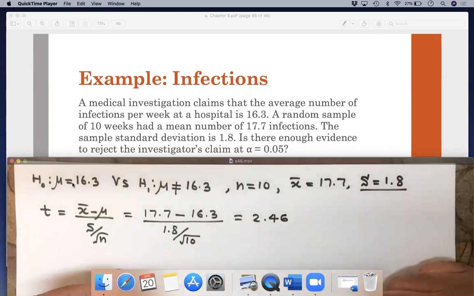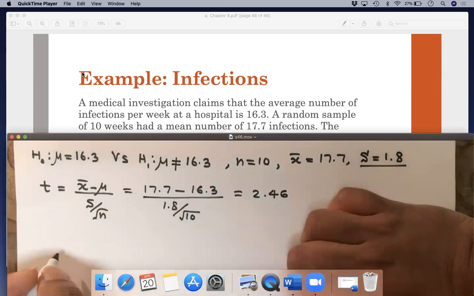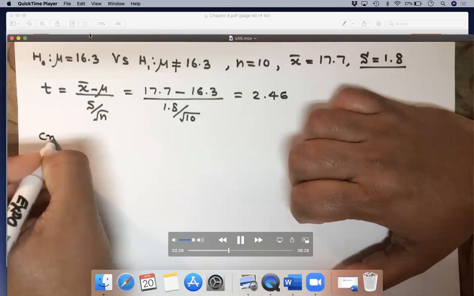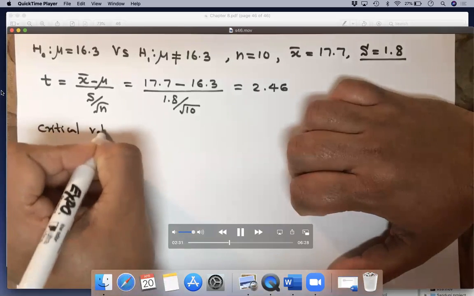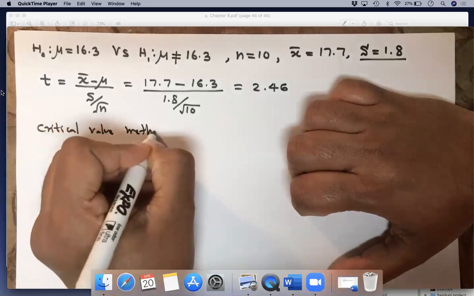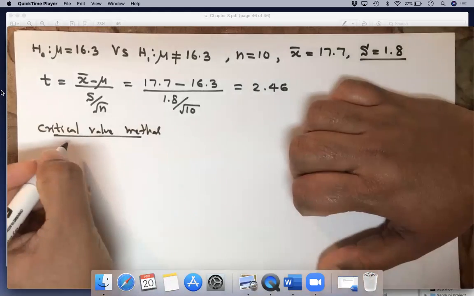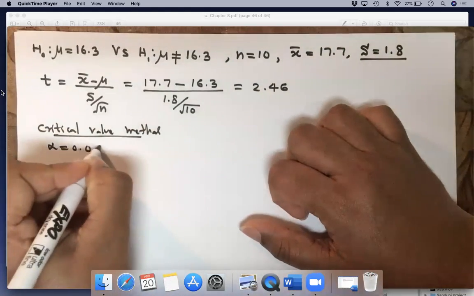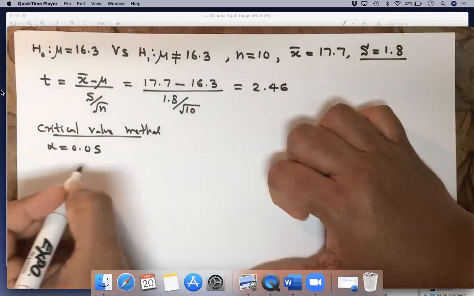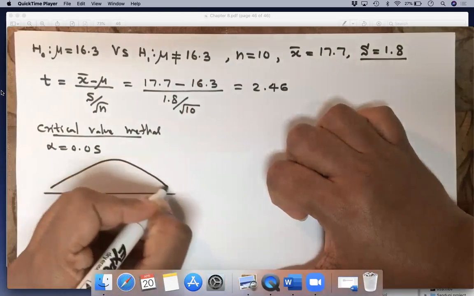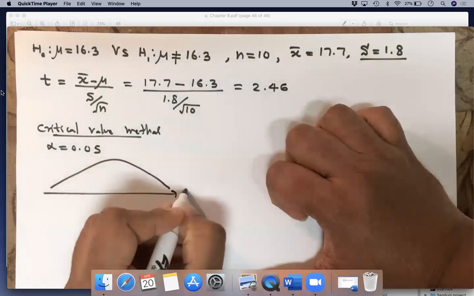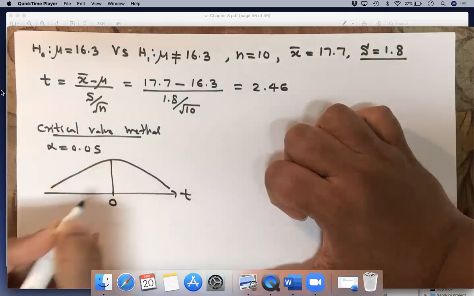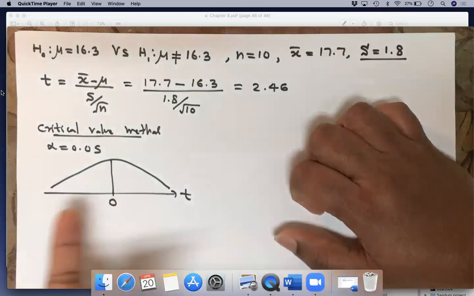Then the next thing is what? We have only one method here: the critical value method. In here, it says our alpha is 0.05. I will draw the curve. We have a two-tail test, okay? The middle is 0, then we have two tails.